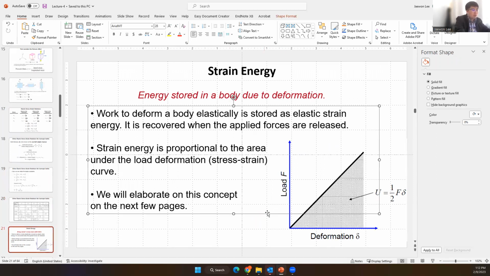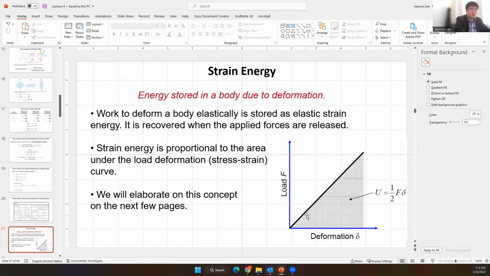Okay. So if we apply a force, the materials could be different. Based on the definition of energy and force, we can say this area is related to the energies.